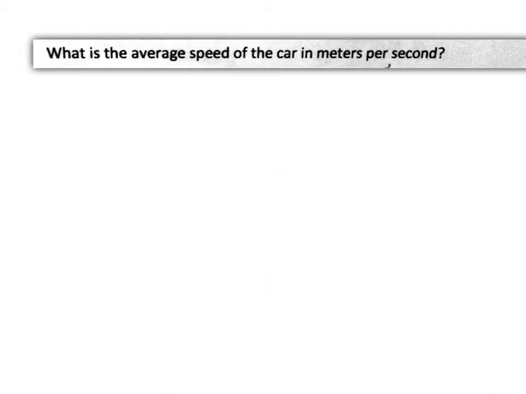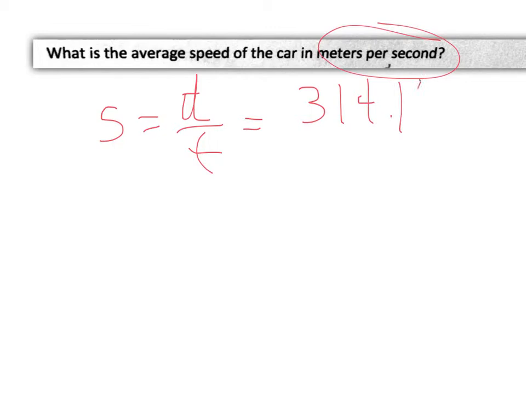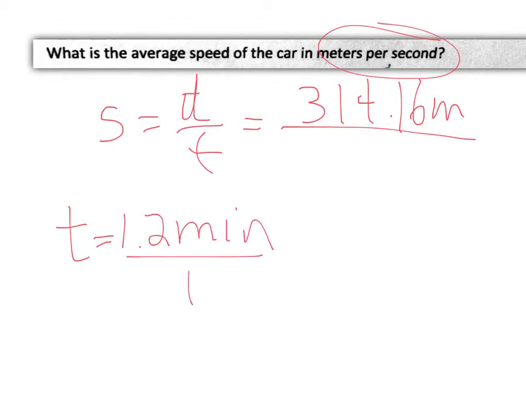The next question says, what is the average speed of the car in meters per second? Well, average speed, again, we know is distance divided by time, so we're going to have to do some converting. We already know the distance. We solved that in the first part, 314.16 meters. But we need seconds. So we know the time was 1.2 minutes. How are we going to convert that to seconds?